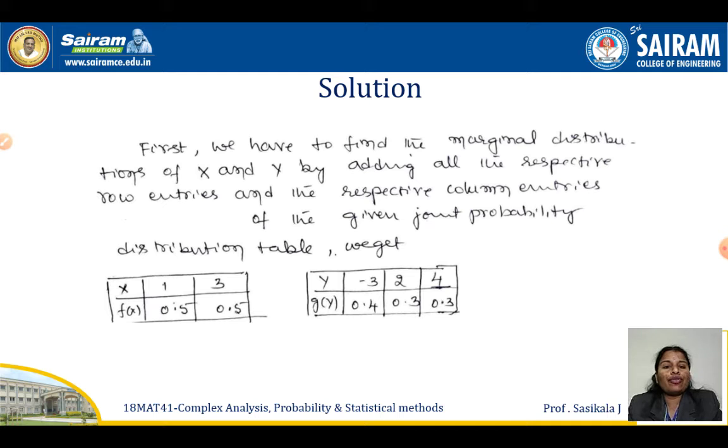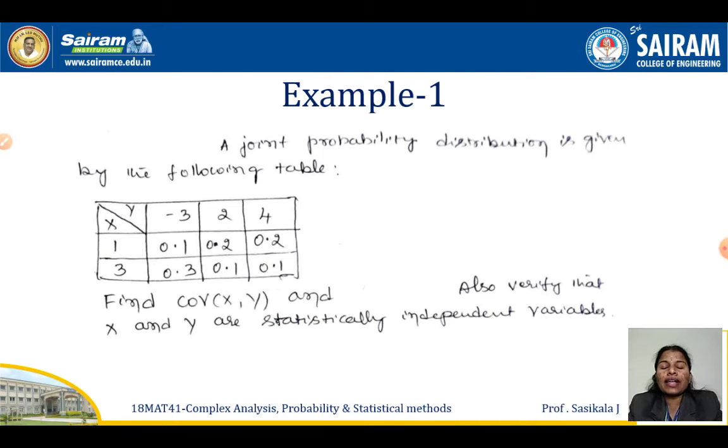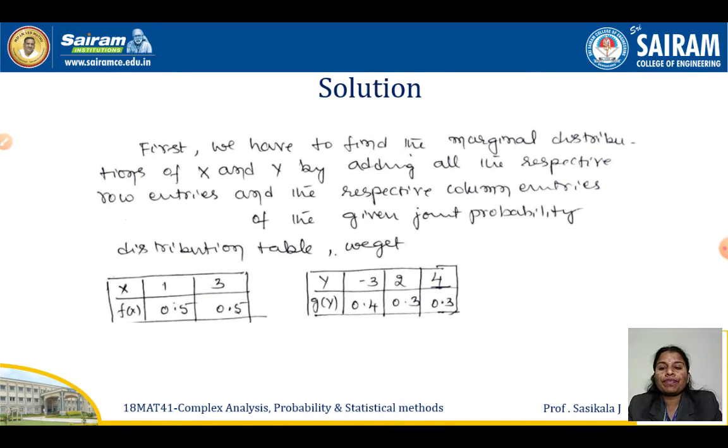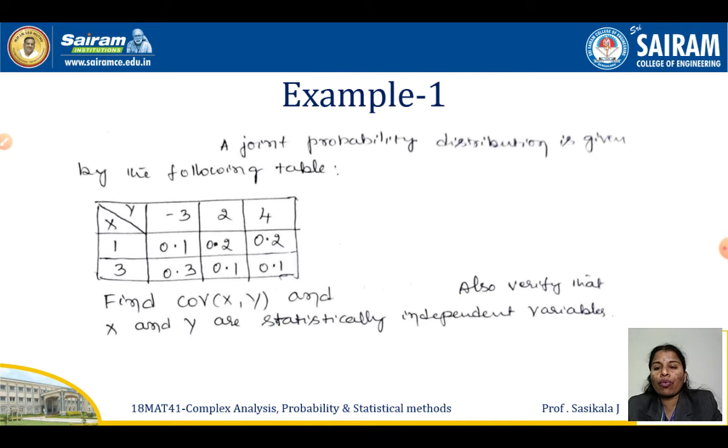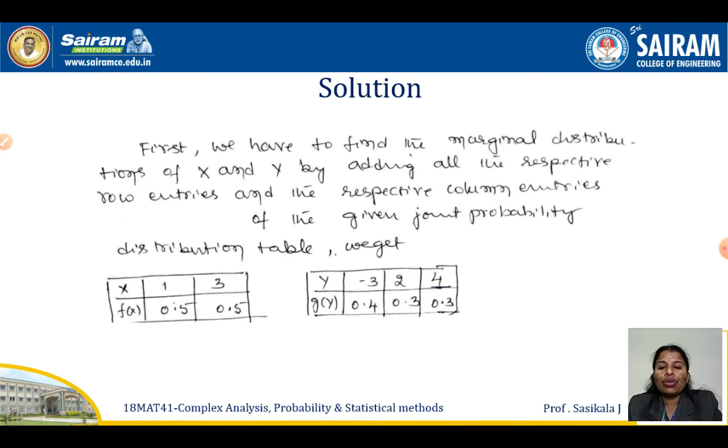First we have to find the marginal distributions of x and y by adding all the respective row entries and the respective column entries of the given joint probability distribution table. That is, f of x and g of y we need to find. At x equal to 1, what is f of x? f of x is nothing but the sum of p11, p12, p13 values, right? 0.1, 0.2 and 0.2 will give 0.5 at x equal to 1.